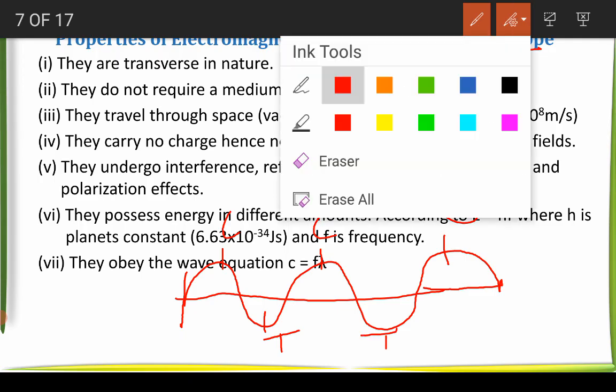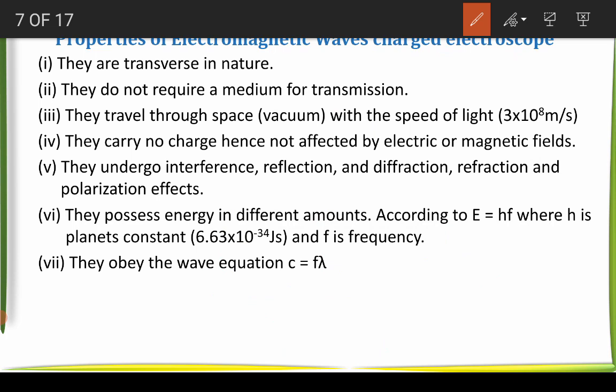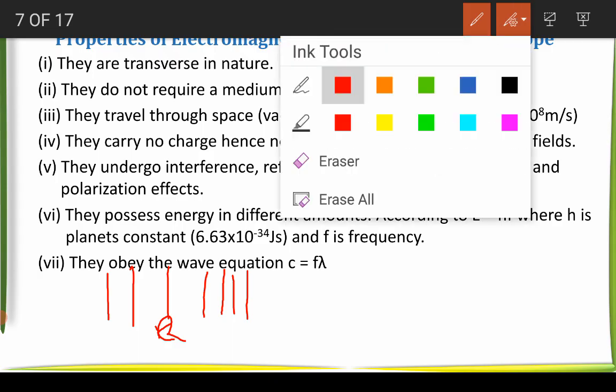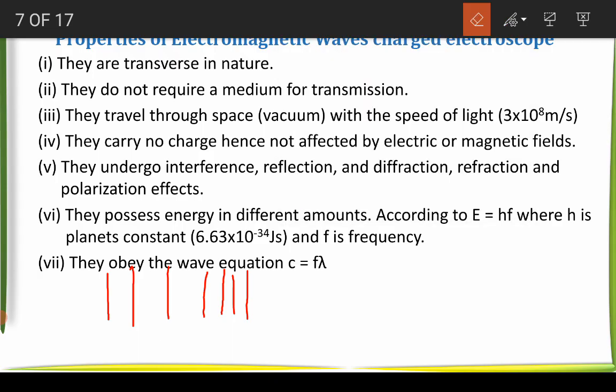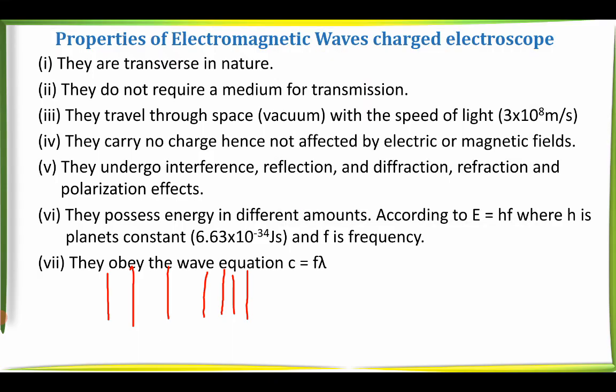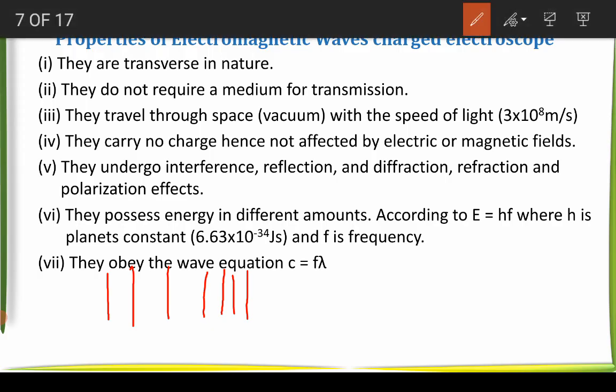They are different from another type of wave which is called the longitudinal. Remember, longitudinal waves are characterized by rarefactions and compressions. That is how they differ from transverse waves.